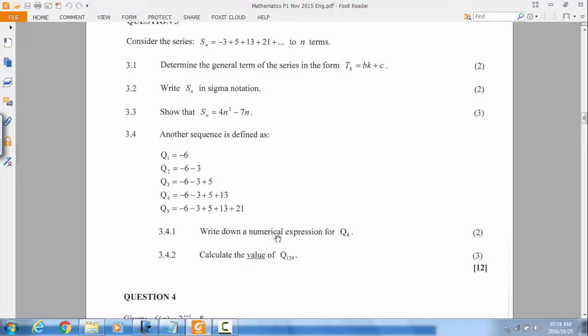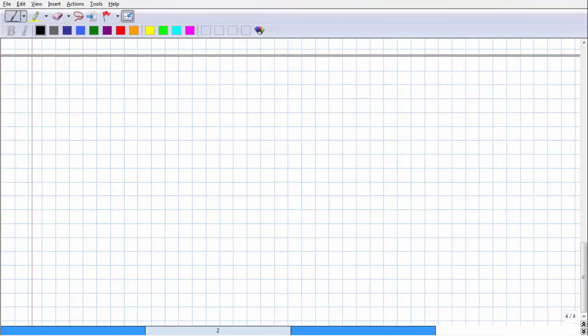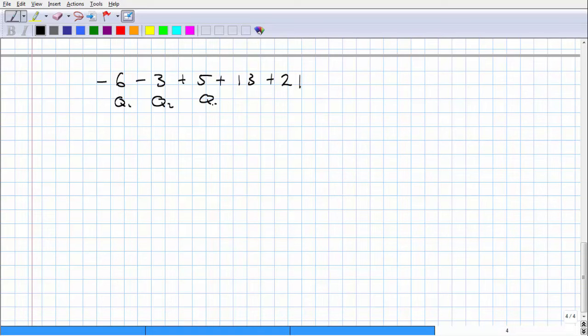Okay, so they're asking the first thing. It says, write down the numerical expression for Q6. But we know what the original thing was. It's plus 8. So if we have negative 6, negative 3, plus 5, plus 13, plus 21, where this is Q1, Q2, Q3, Q4, Q5, and obviously Q6, we just plus 8.